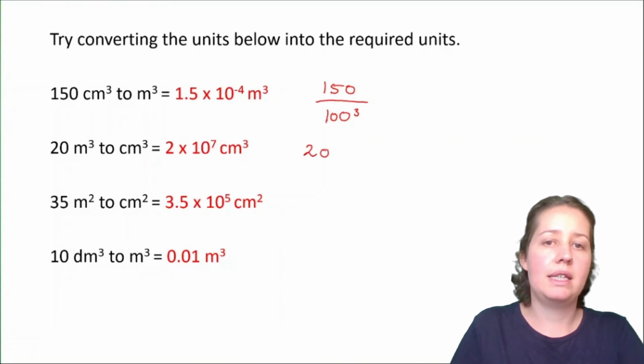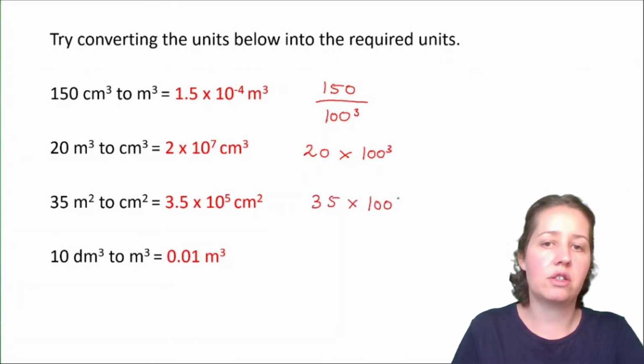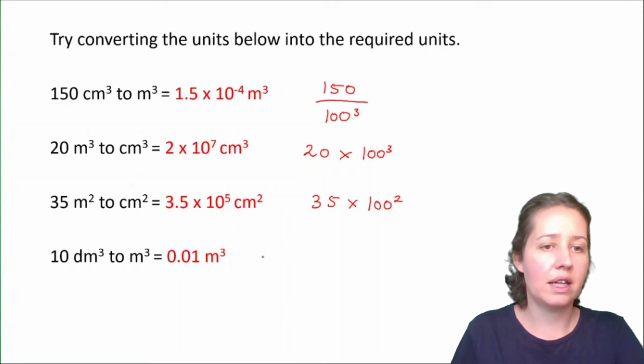So I'm doing 20 times 100 cubed, which gives me 2 times 10 to the 7. Metres squared to centimetres squared, I'm getting bigger, so I am timesing by the 100 conversion factor, and I need to square that, so 35 times 100 squared, giving me 3.5 times 10 to the 5.